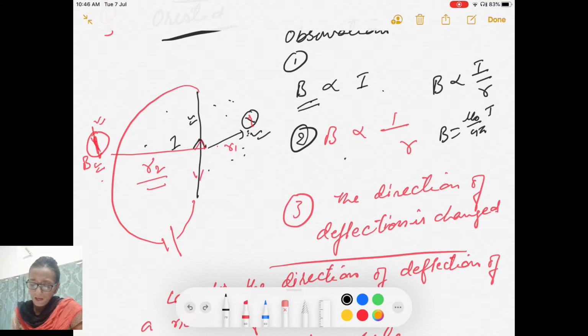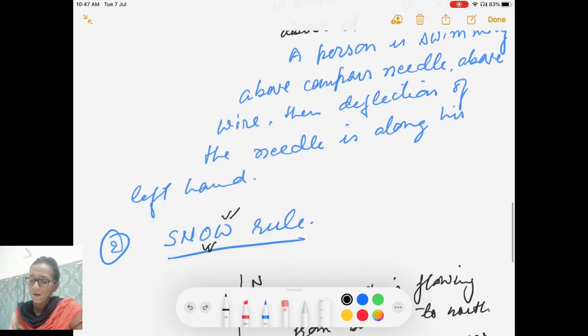I'll be doing it next time, not here. So B is proportional to I upon R.